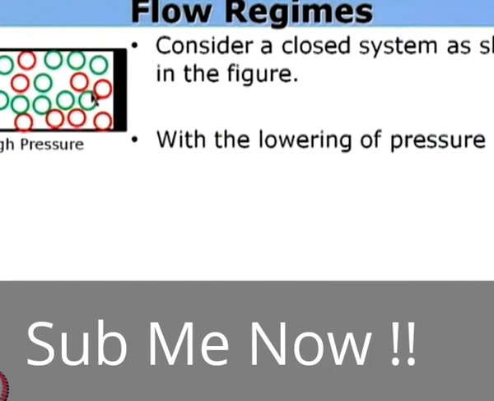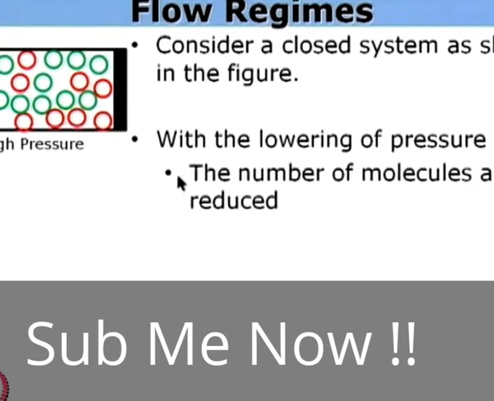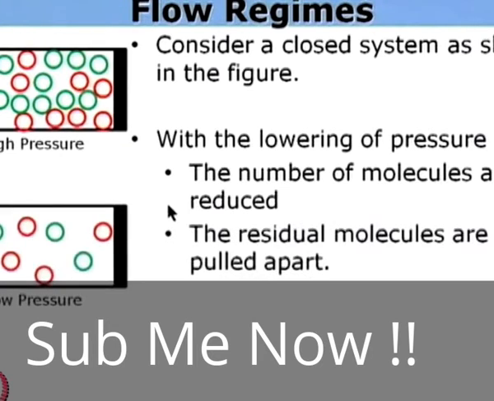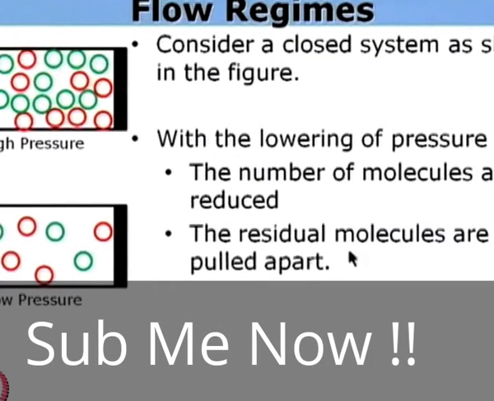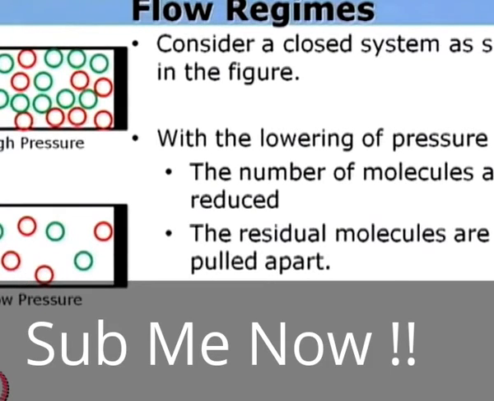But as you go on lowering the pressure, the number of molecules gets reduced, and you may land up in a situation like this, where the residual molecules are pulled apart. That means the distance between two molecules starts increasing, and the molecules will have collisions at will.